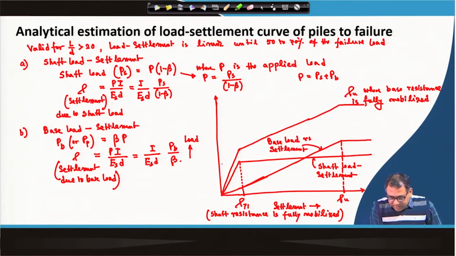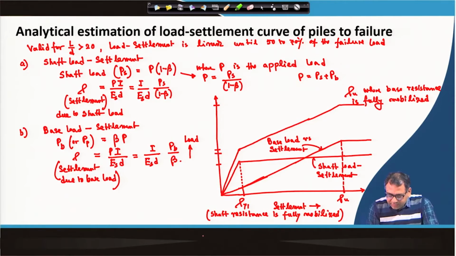So, now there are different points. This is one point, this is another point, and corresponding to this is another point, and this is also another point. Okay. So, what are those points?